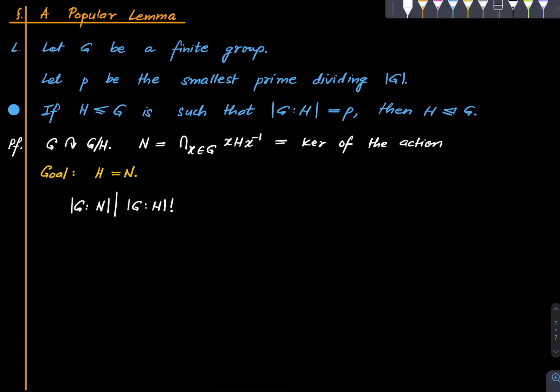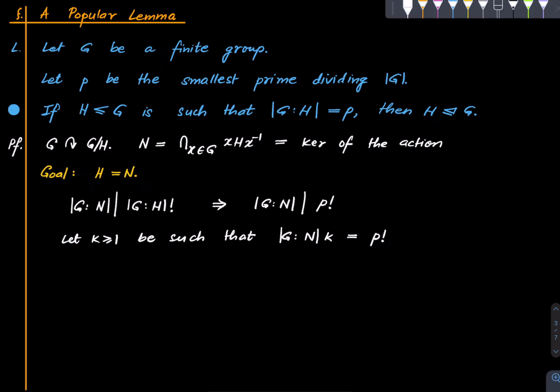So what we know is that the index of the kernel divides p factorial, because p is the index of the subgroup H. Let's say k is some positive integer such that the index of N times k is equal to p factorial. All right, so far so good.